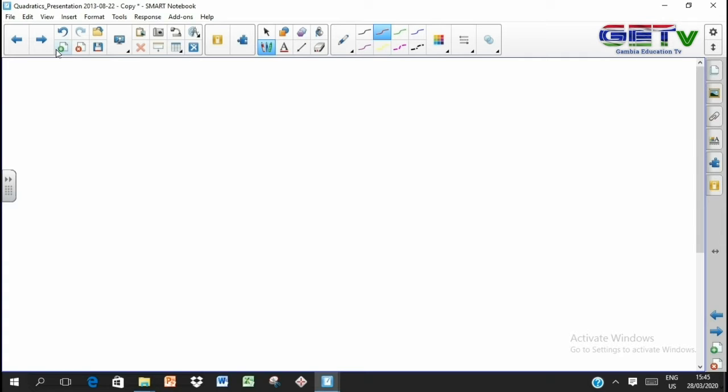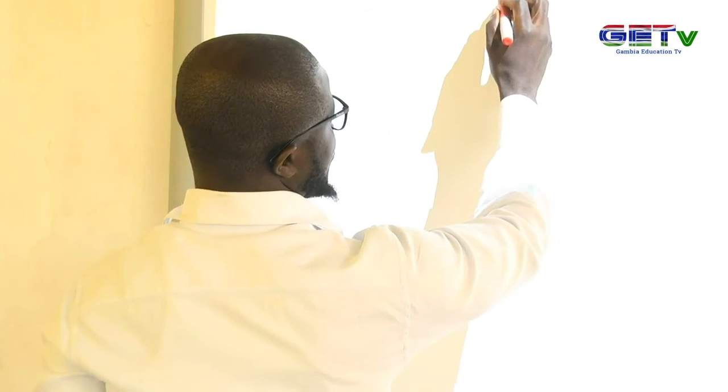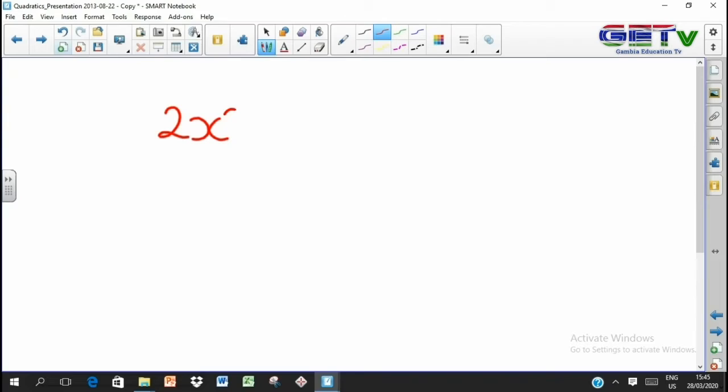Can we take a quick recap of what we've done in the last lesson? Looking at the example, 2x squared minus 5x minus 12 equals 0.